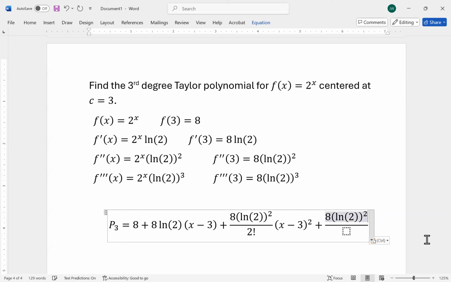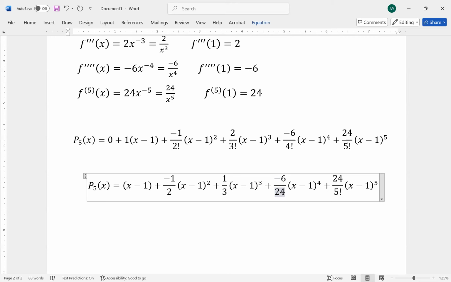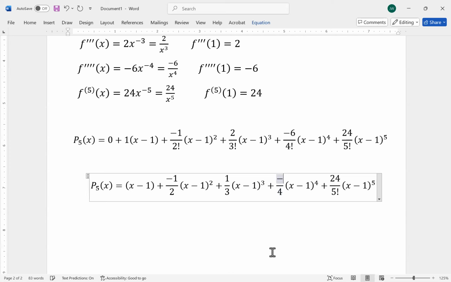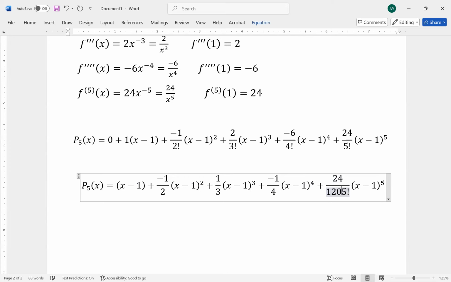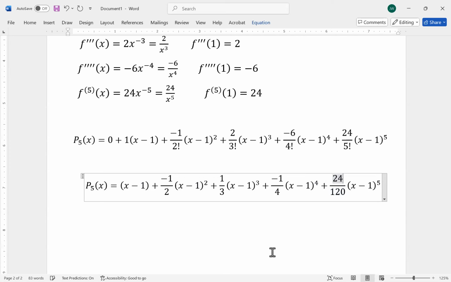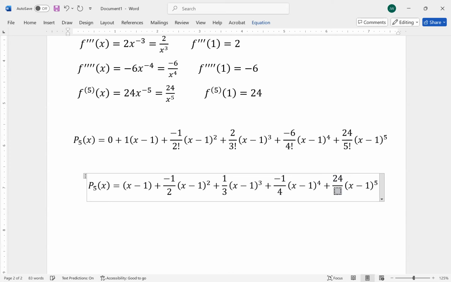-6 over 4 factorial is -6 over 24. And -6 over 24 is actually 1/4, or I should say -1/4. 24 over 5 factorial is 24 over 120. 24 over 120 is 1/5.